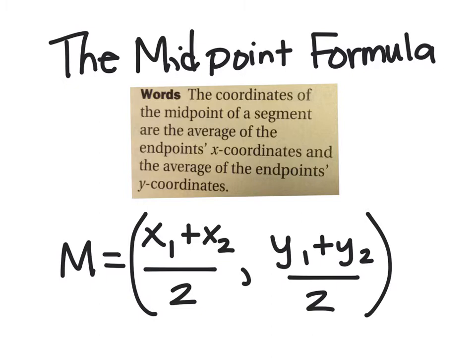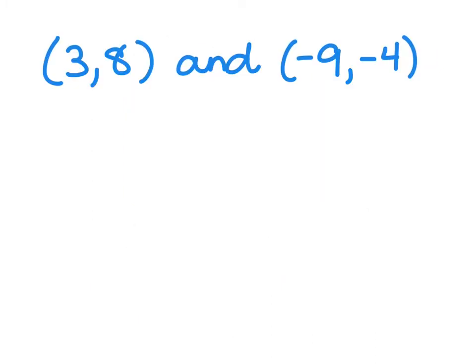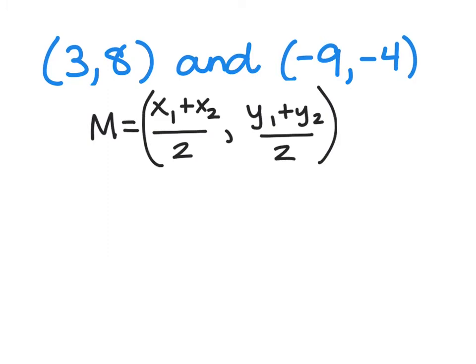Let's try using this with a pair of coordinates. Let's find the midpoint M of the segment with endpoints 3, 8 and -9, -4. Let me drop in that formula for us to use. Now let's begin by substituting in some of our values. 3, 8 will be our x1 and y1, and -9, -4 will be our x2 and y2.